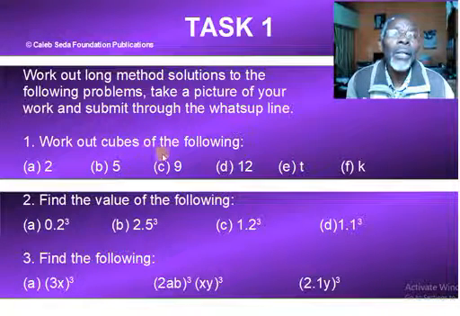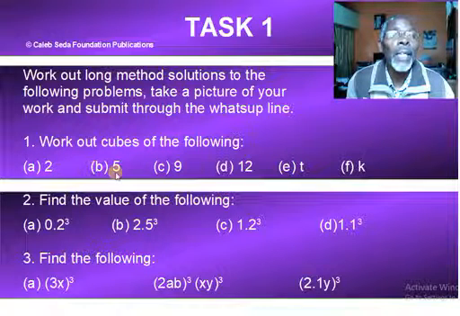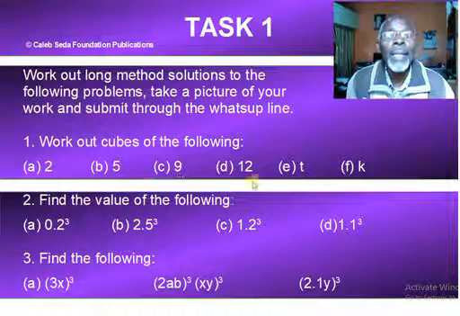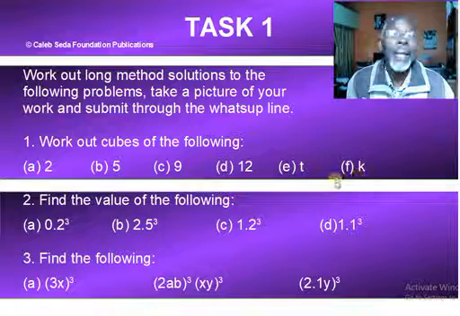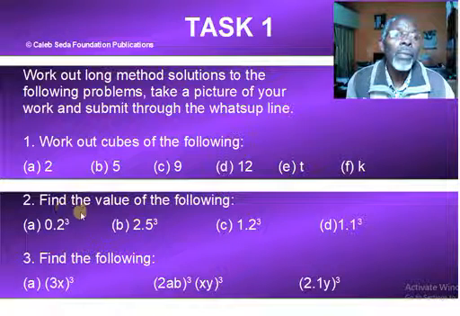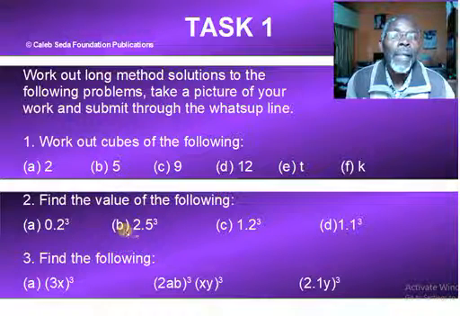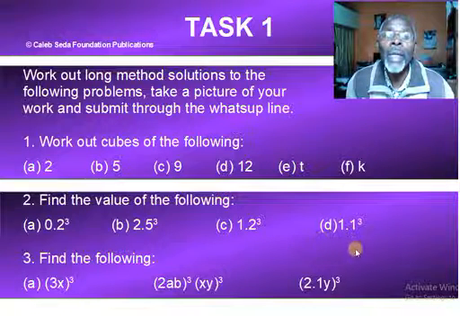Now work out cubes of the following numbers. A, what is the cube of 2? B, 5. What is the cube of 9? C, 12. Number 2, find the value of the following: A, 0.2 cubed; B, 2.5 cubed; C, 1.2 cubed; D, 1.1 cubed.